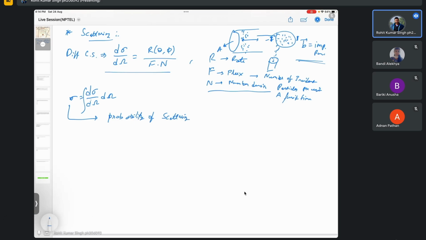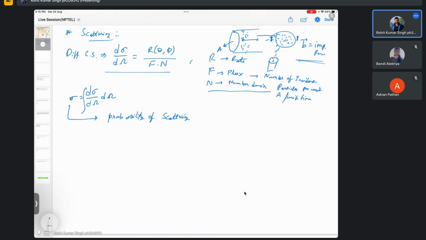In Rutherford scattering, you bombard a gold foil with a beam of alpha particles. In that case, the total cross section will be the probability of interaction of the alpha particle, or the probability of scattering of the alpha particle from the gold nuclei. That's how we interpret this.